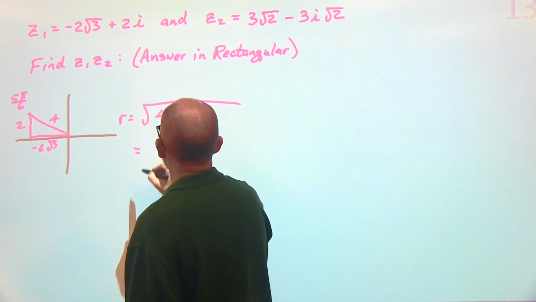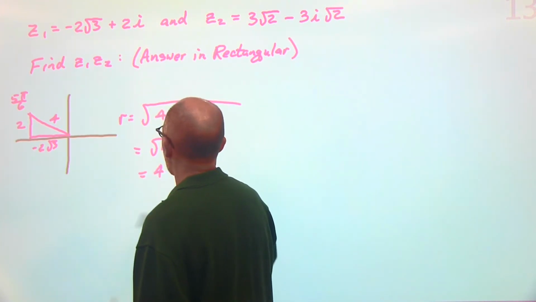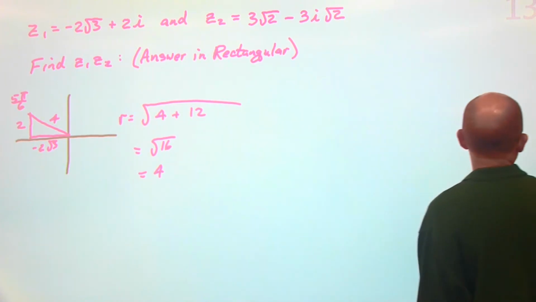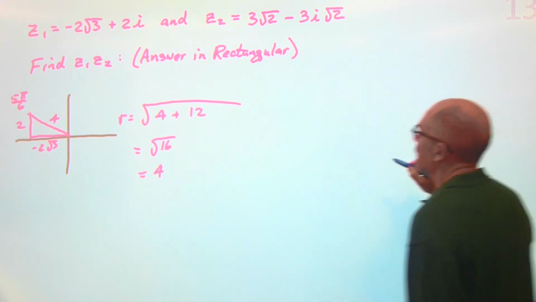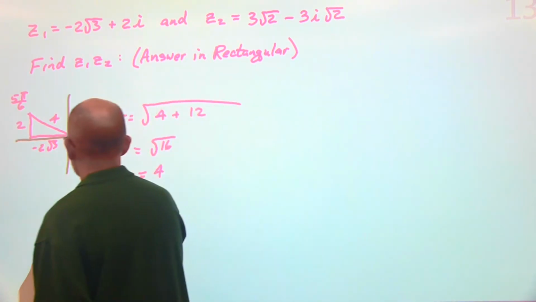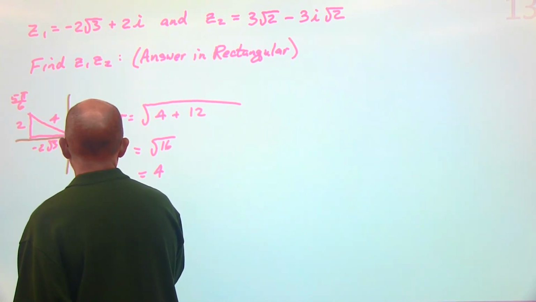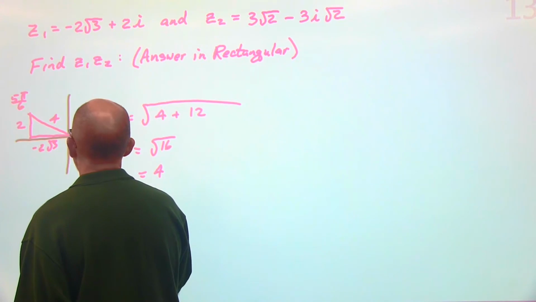And so this equals the square root of 16, which equals 4. Okay, so basically what we just found out is z1 equals 4 cis 5 pi over 6.